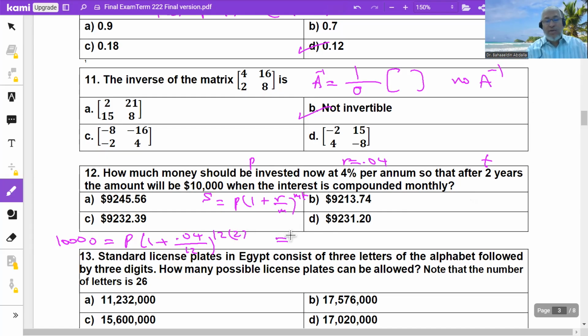So you can find P with the calculator. You can divide 10,000 by all of this number. You put it in the calculator and you will find that the answer is 9232. So that's the principal.